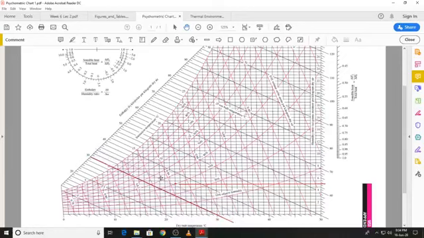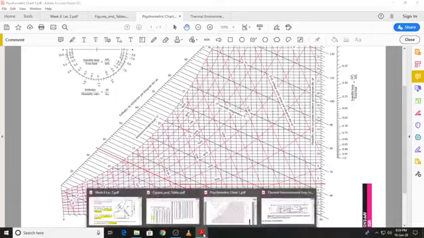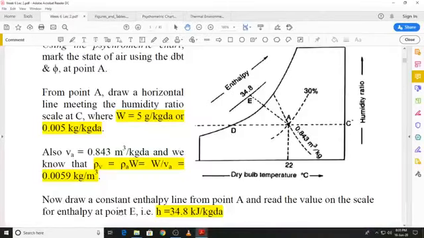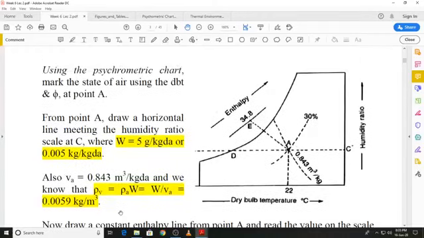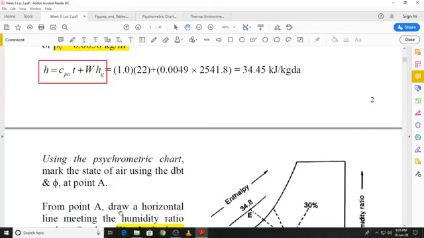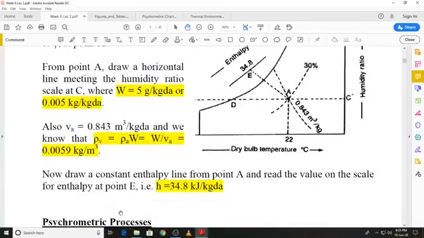We'll take this line over here and then read the specific enthalpy. 32, 34, approximately 35 kilojoule per kilogram dry air, and you can see that value is given over here. And again compare it with the calculated value, which was 34.45. So if I've read it as 35 kilojoule per kilogram dry air, again that is acceptable.